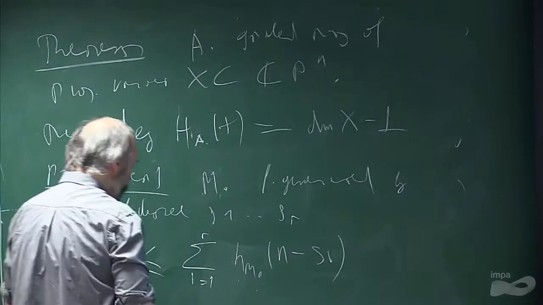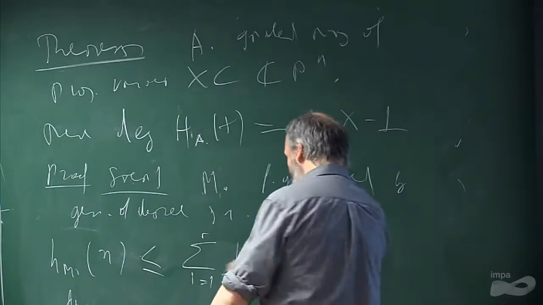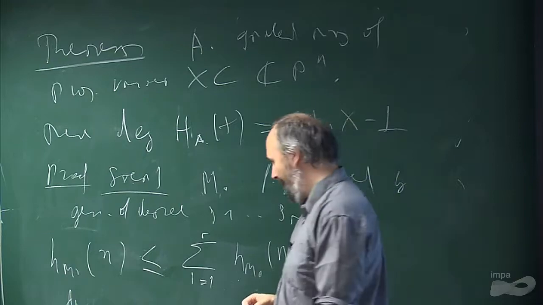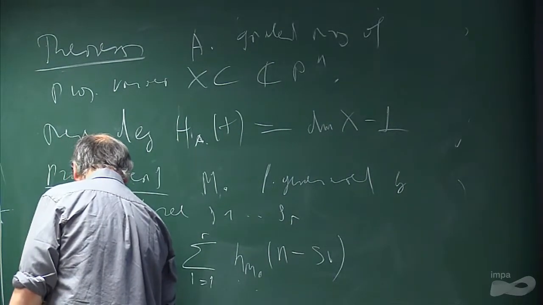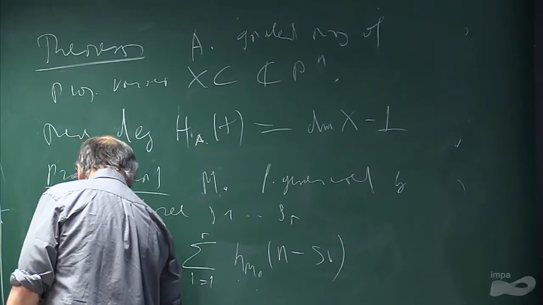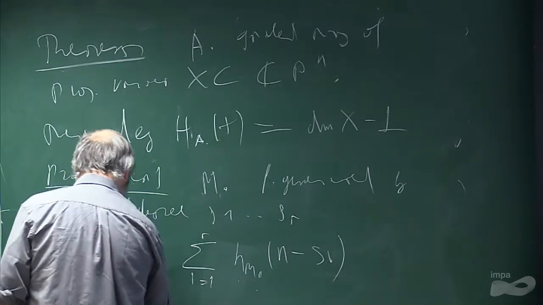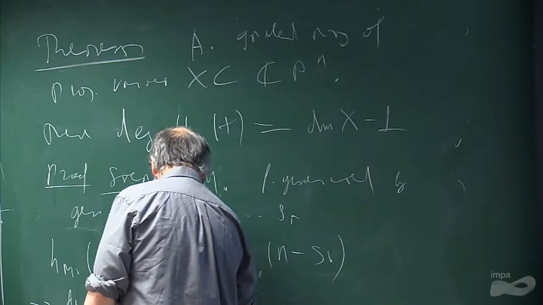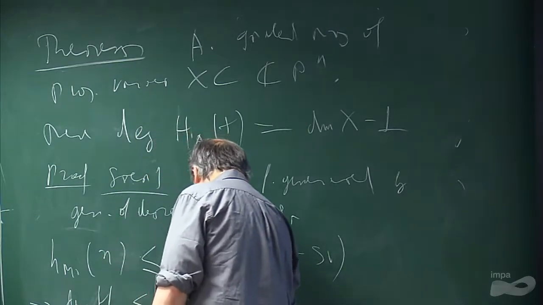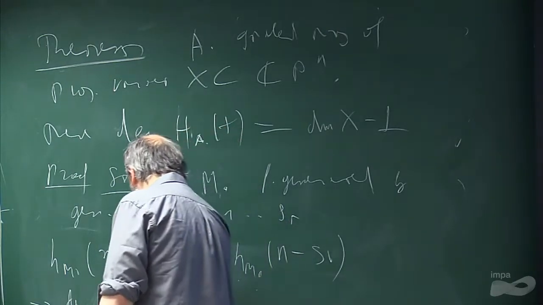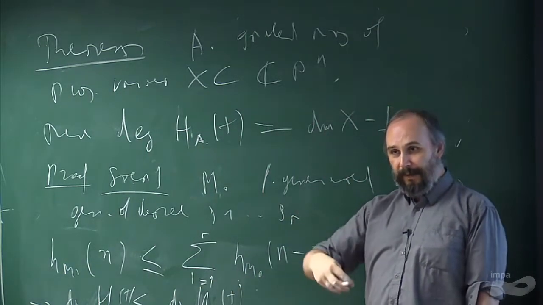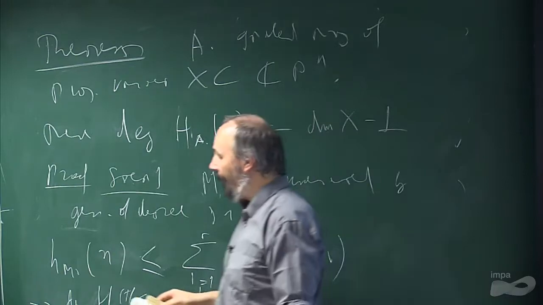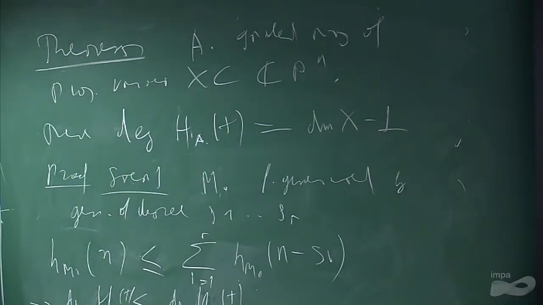The only problem is, of course, that this is an inequality. But then you have that the degree of H_M is less or equal than the degree of H_A. Right? So we have a bound in one direction.